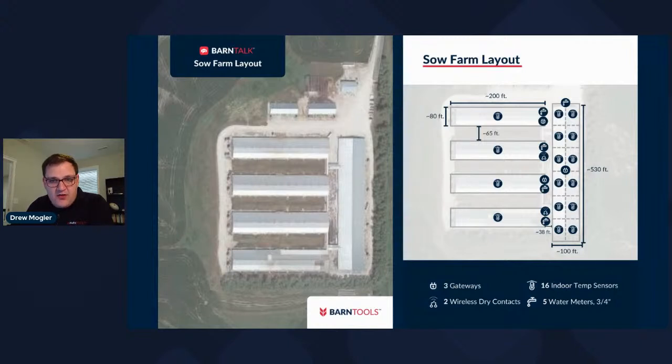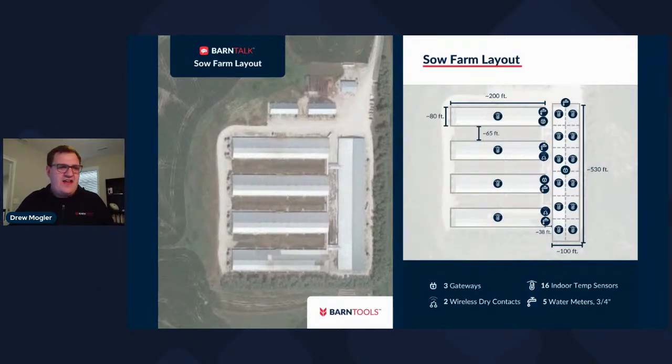In this case, we're also going to have a gateway box to connect to these 2 buildings, and a gateway communication box to connect to these 2 buildings. So our best recommendation when it comes to how many gateways do I need for how many buildings, in most cases from a swine standpoint, 1 gateway box can monitor up to 3 different buildings.